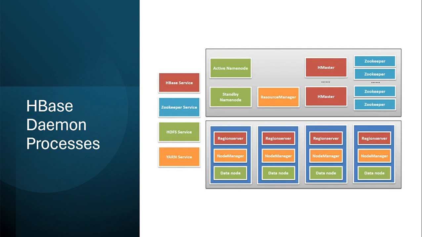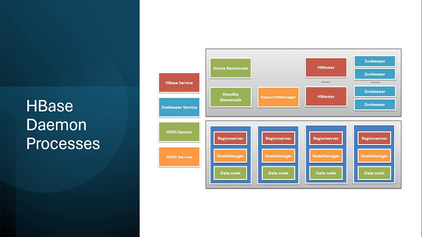Your HMaster is the master service responsible for coordination and managing the metadata. We can see that for HDFS we have active name node and standby name node, but for HBase it is not mentioned whether it is standby or active master, because it has a mechanism to elect the active master, and if one of the masters goes off, then it automatically brings another master.